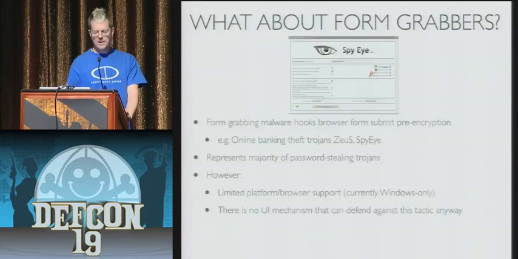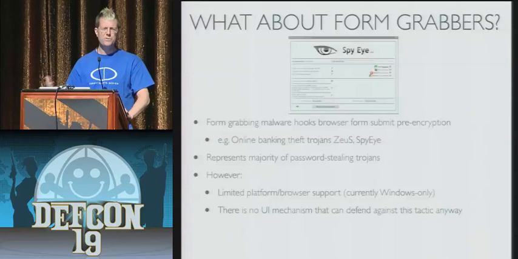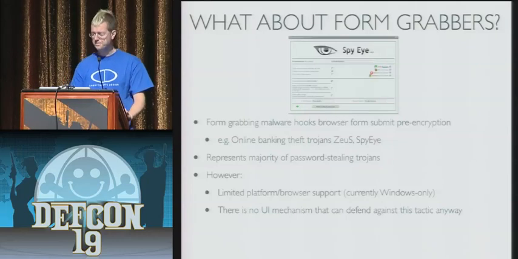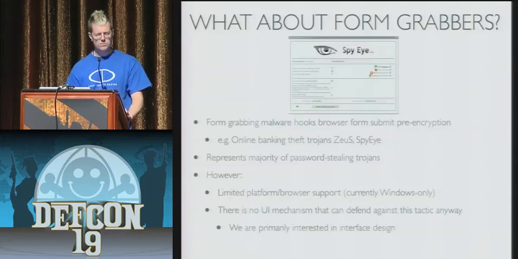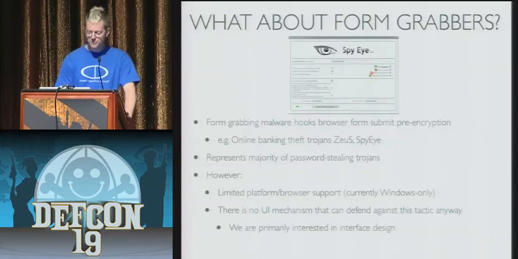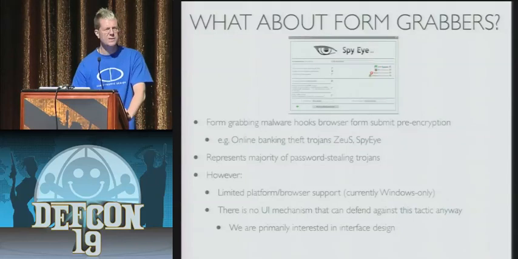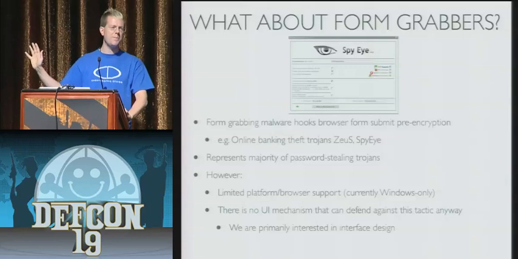And there's no UI mechanism that can mitigate this tactic anyway. So for UI people, it's sort of not an interesting problem in the sense that we can do anything about it. I think there are lots of things that the browser people can do about it, but this is interface design stuff. So I think that just because this is out there, we don't just have to throw up our hands and give up and say, well, we can't protect against this anyway.